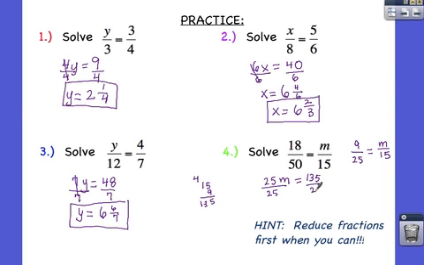Divide by 25. 25 goes into 135 5 times, which gives us 125, so 10 left over out of the 25. And then we can reduce by 5 to get 2/5. So m equals 5 2/5.